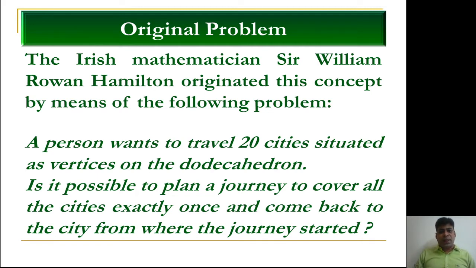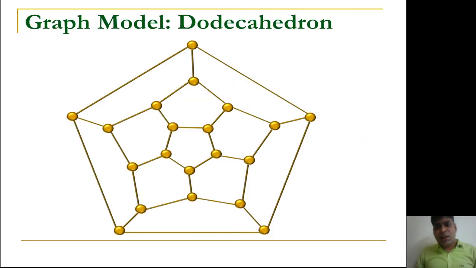The answer lies in a particular graph model. Considering a graph model, this is a dodecahedron where the vertices represent the cities and the edges connecting them represent the roads or the traveling routes. Now a person starts with one vertex or one city, traversing all these cities, that means going through all the vertices exactly once and coming back to the same vertex.